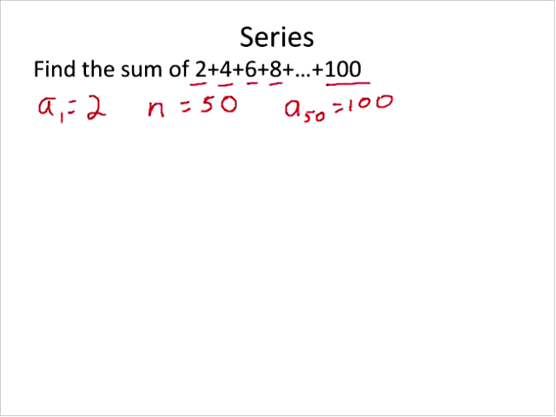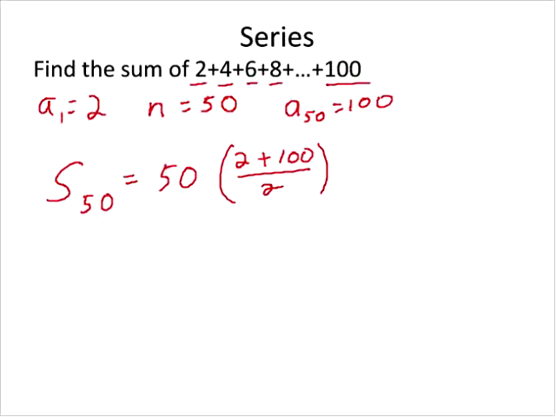So let's see, we can put that into our formula right now. So the sum of the first 50 terms is equal to 50 times 2 plus 100 divided by 2. So let's see, what do we have here?